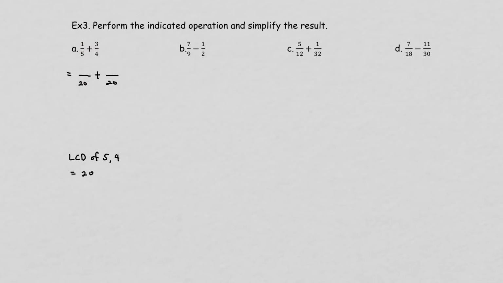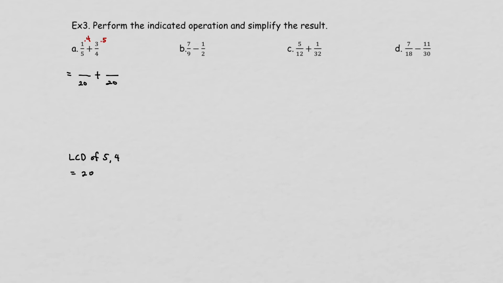So 5 to become 20, you need to multiply by 4. So you will multiply 1 by 4. 4 to become 20, you need to multiply by 5. So you're going to multiply the numerator by 5.